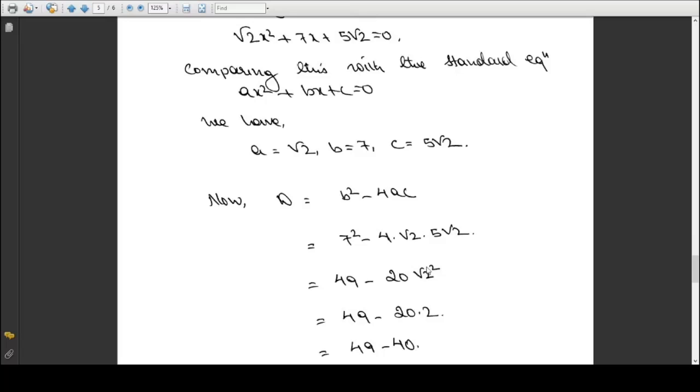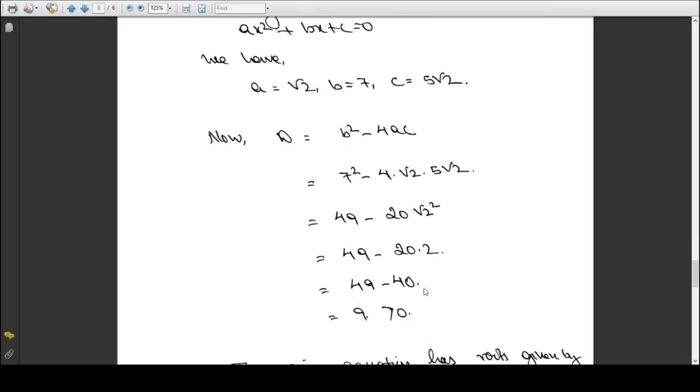Now root 2 square gives us 2, simply 2 itself. Okay. Now 2 multiply 20 is 40. 49 minus 40 is 9, which is greater than 0.